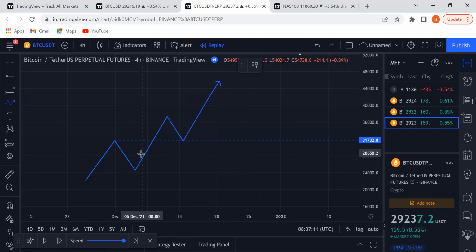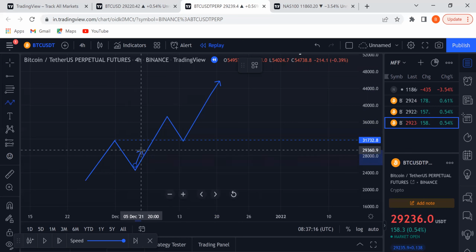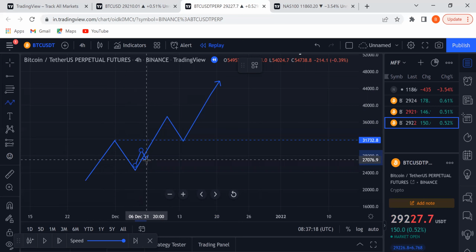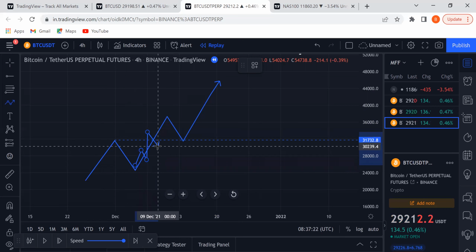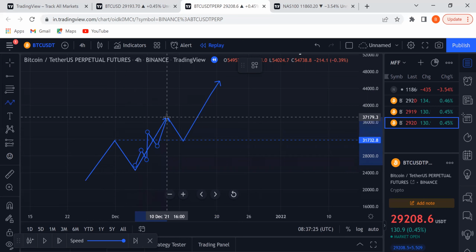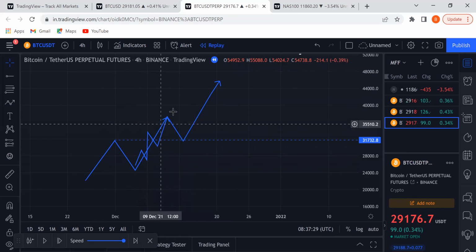Let me draw it out. In the course of it moving up, it cannot go straight. Something like this. That's how it will go up.